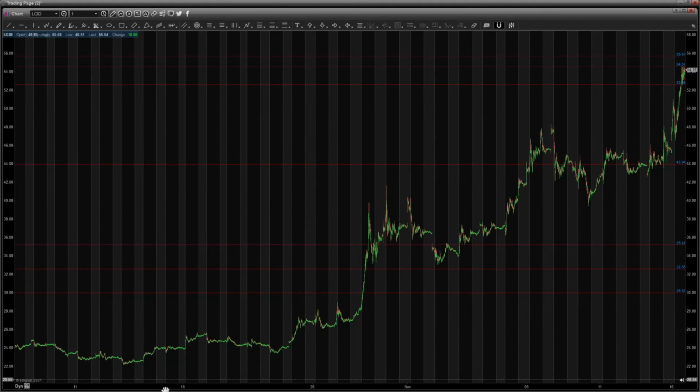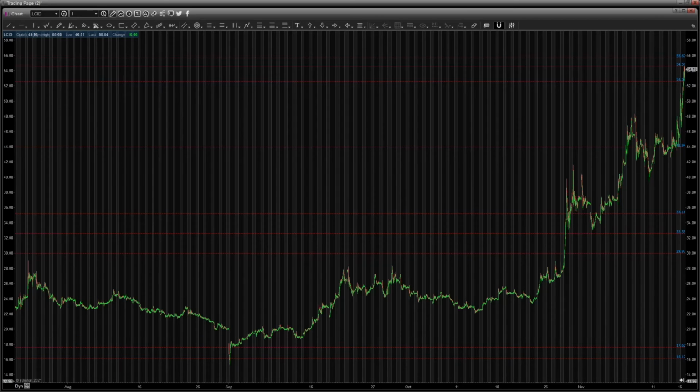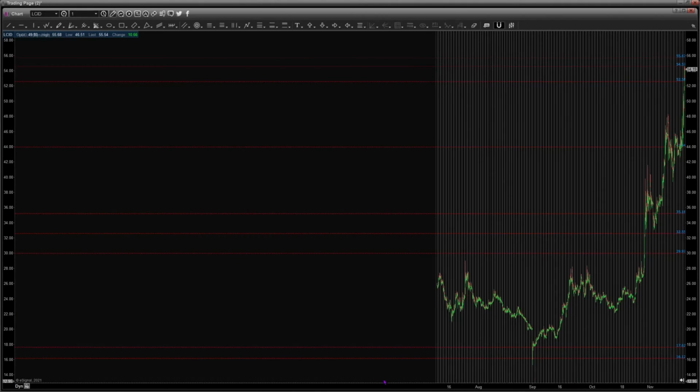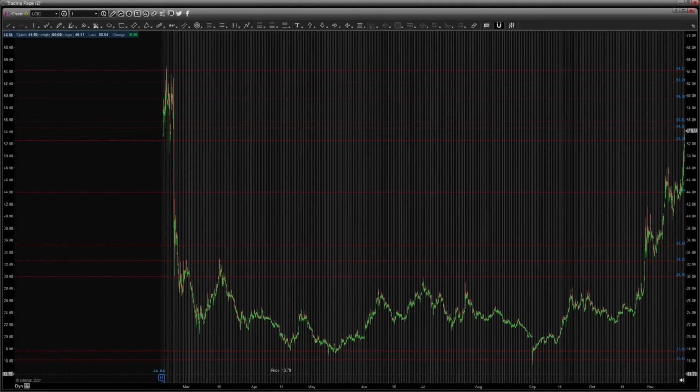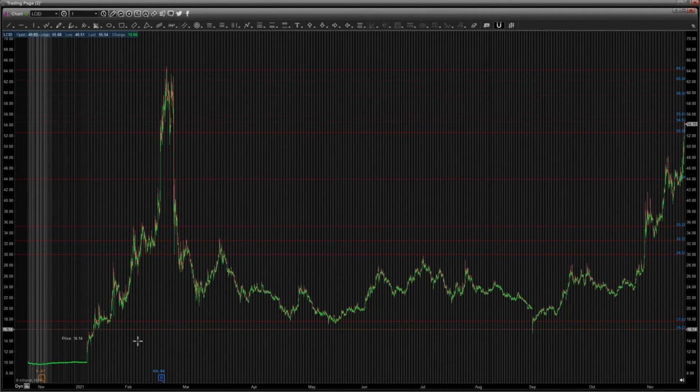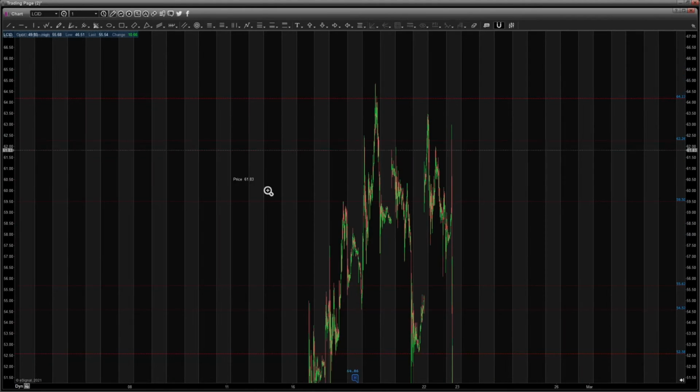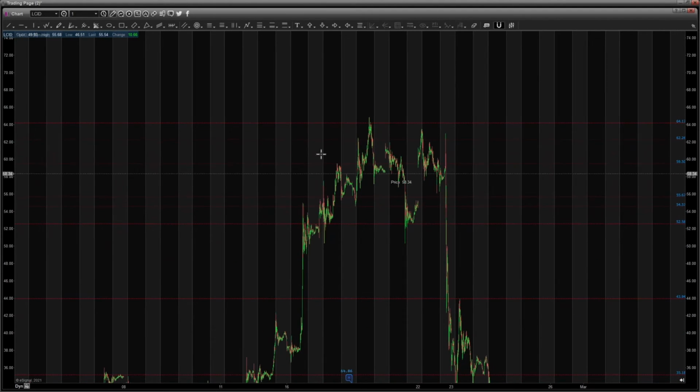I think for these smaller time frame charts, there's a limit, like maybe a 30-day or a 60-day limit. There's a possibility I could pay more money. Oh, actually, look at this. So it turns out I can go back here. So I'm looking at these days here. We'll just zoom in like that. Zoom in a little further.